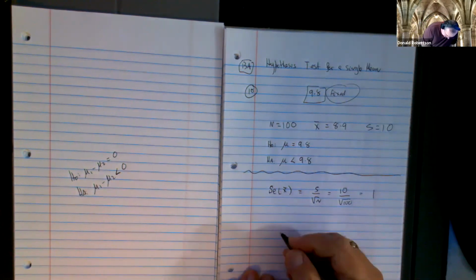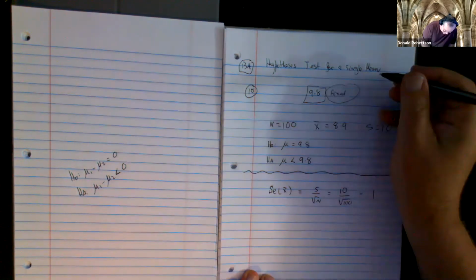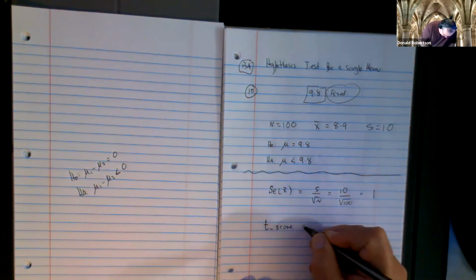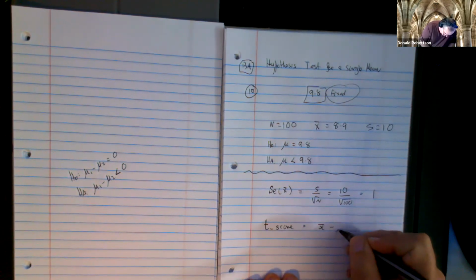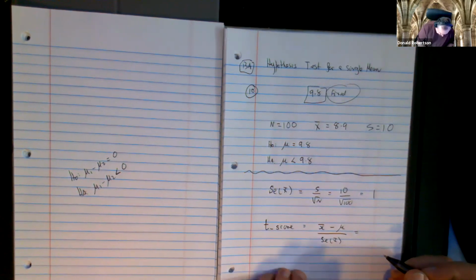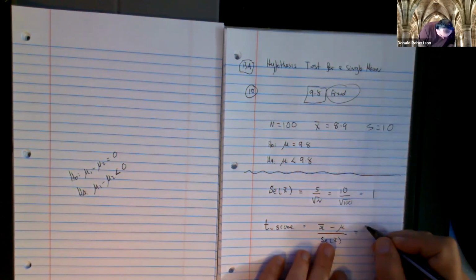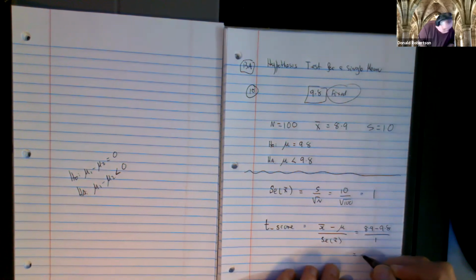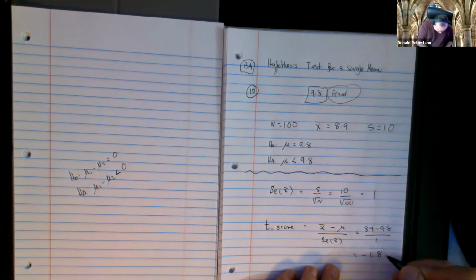So when we're talking about the test statistic, when you do means, isn't it a T score, not a Z score? Z score is for proportions. T score when it's means. So the test statistic is a T score, and it's X bar, take away mu, over the standard error. In this case, we are looking at 8.9, take away 9.8 divided by 1, and this ends up being negative 1.8.